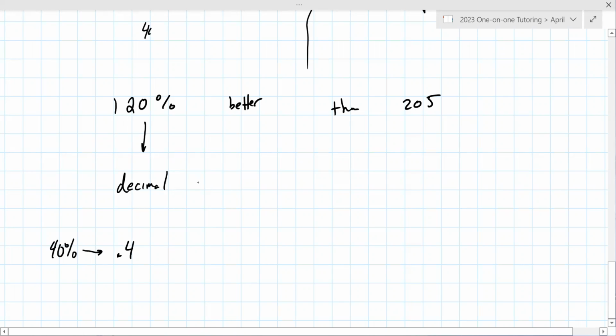So 1.2. Yes. And that's very important because that's what you're going to multiply this number by. So ignore the decimal, just multiply it out. Move your decimal over left 1 when you're done.